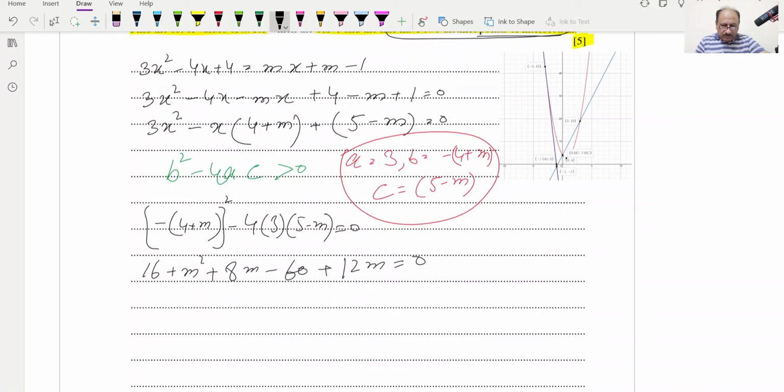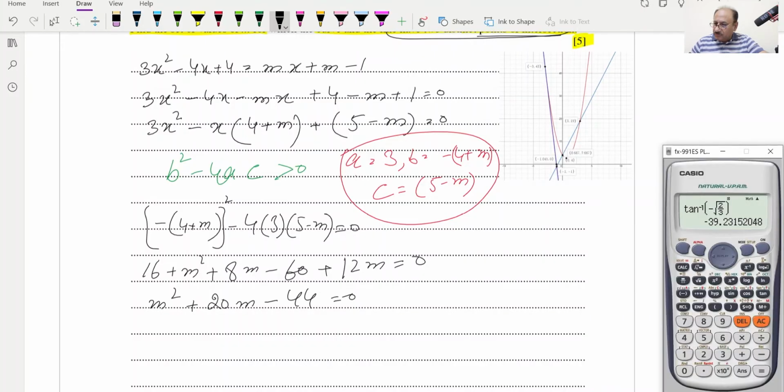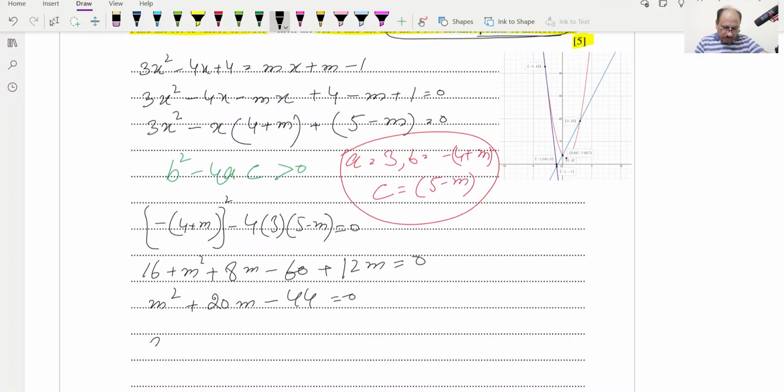Rearranging: m² + 20m − 44 = 0, since 8 + 12 is 20m. Factorising, we get (m − 2)(m + 22) = 0. So m = 2 and m = −22.